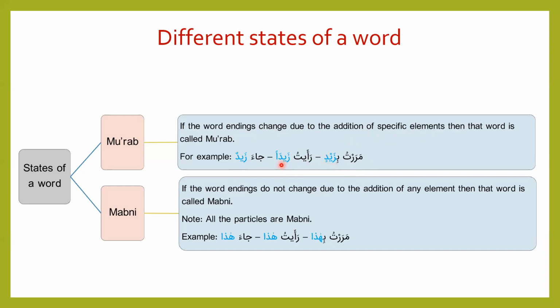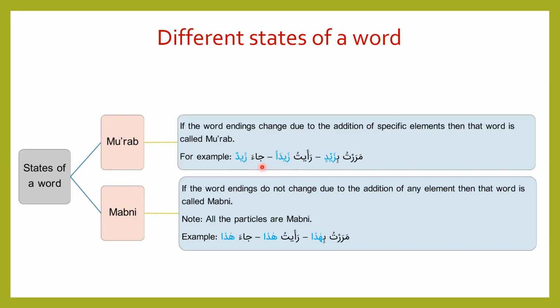Ra'aytu Zaidan. Zaidan got fatha. Zaid got fatha because it's an object of ra'aytu. Ja'a Zaidun. Zaid at the end got zamma because Zaid is a subject of ja'a.